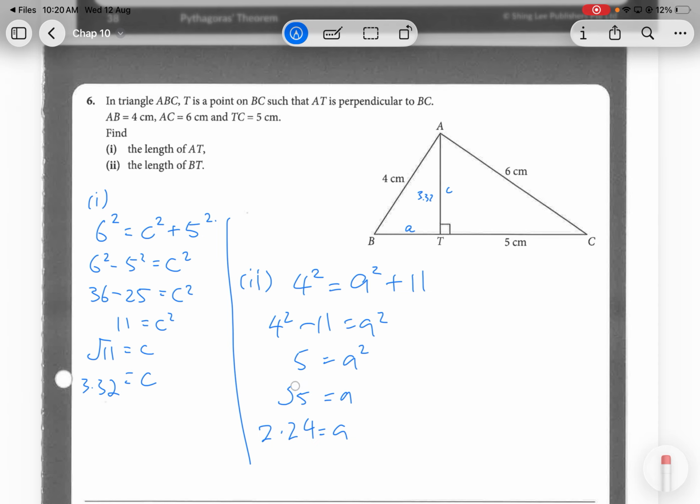Why you never press your calculator? R equals 36.2.